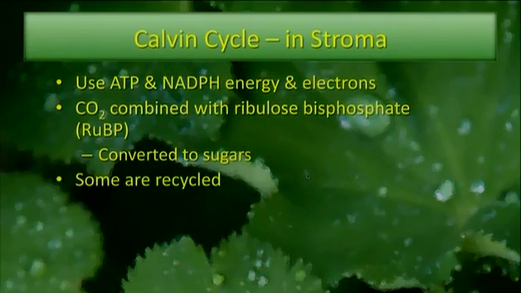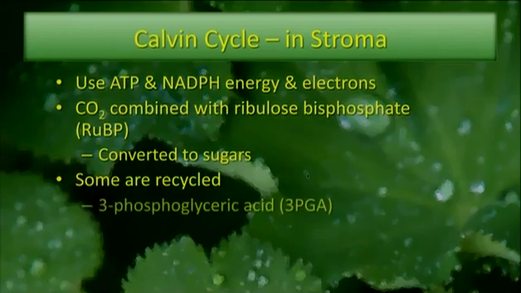Now some of these sugars are recycled, others are stored as starch. So this 3-phosphoglyceric acid, or 3-PGA, is the first stable compound from carbon dioxide and RuBP.